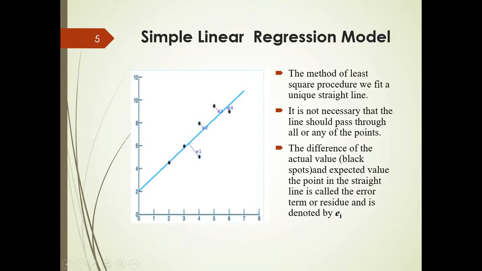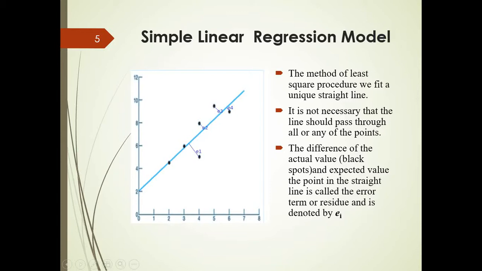So e1 is the difference between the actual value at that point and the fitted value. The actual y value is 5, but the fitted value in the regression is about 6. So the difference between 6 and 5 is 1, and this is called the first error term.